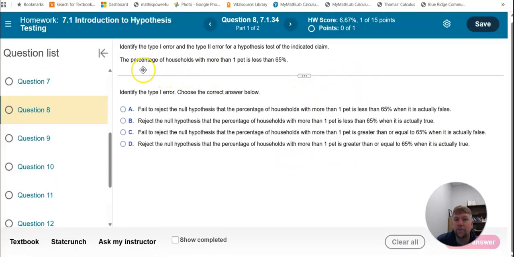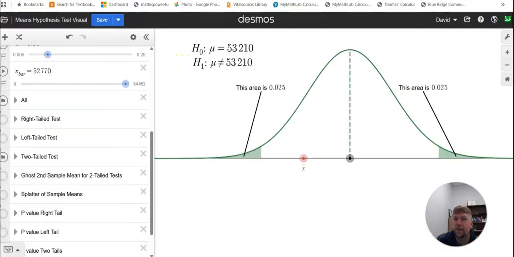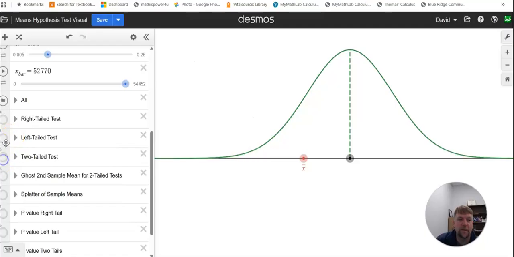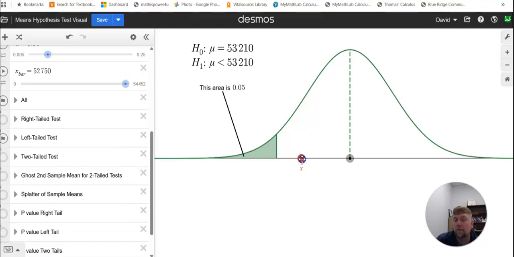So on this one, this says the percentage of households with more than one pet is less than 65%. That's less than, that's a left-tailed test. So a type 1 error would be, it's true that the null is true, so it's equal to 65%, but I fall into the rejection region. So I reject when it was true.